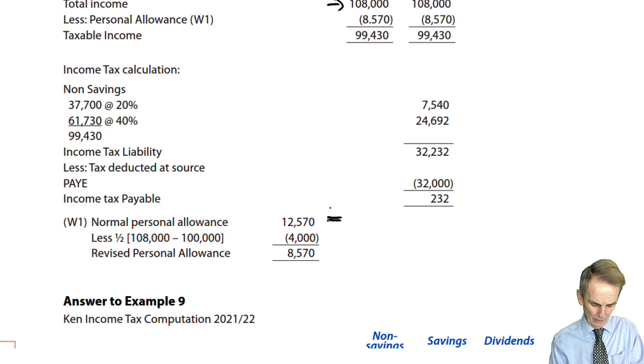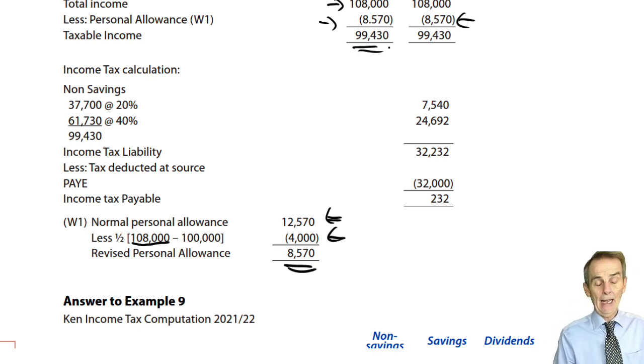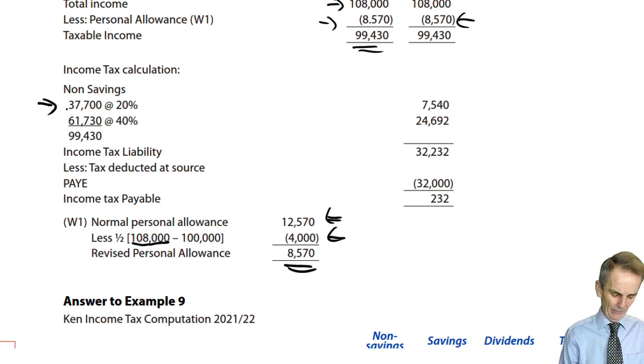Well, we start with 12,570, but because that adjusted net income, as it would also be, at 108 exceeds 100 by £8,000, take 50%, half of that, that's a £4,000 deduction. Reducing that down to 8,570, which of course is how you then deduct it to give you taxable income. Taxable income that is entirely non-savings and clearly puts you above the basic rate limit of 37.7.